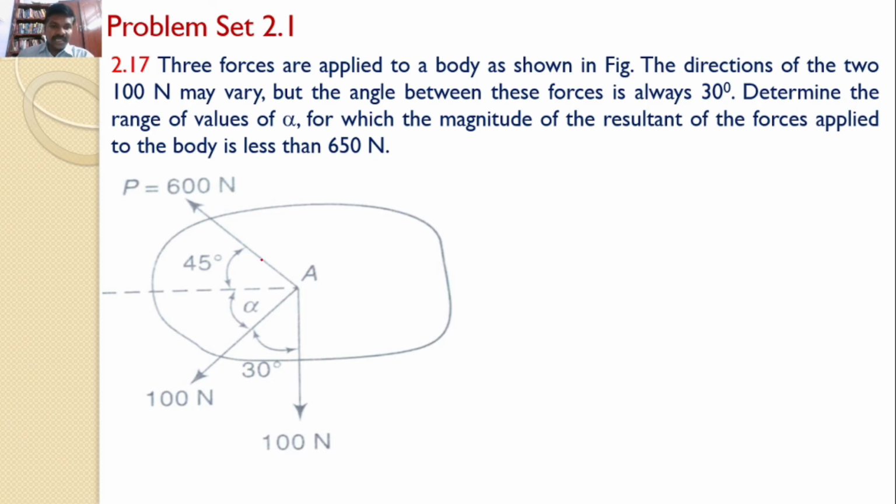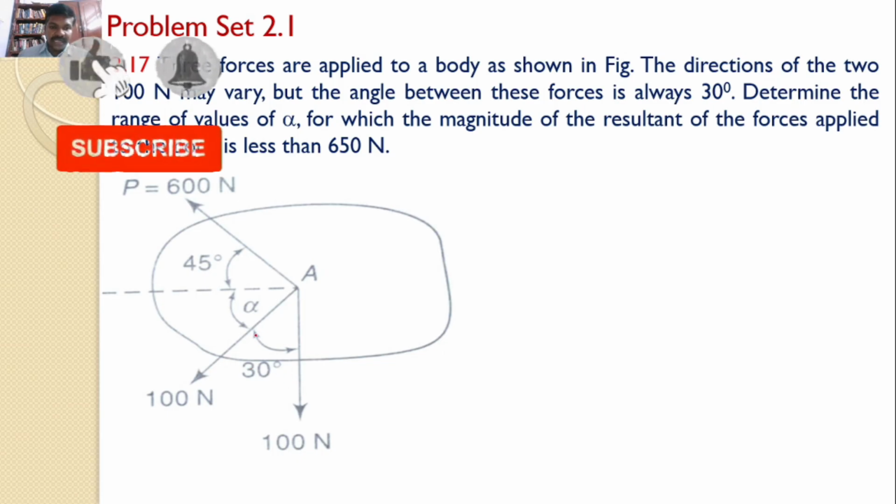There are three forces acting on the body. One force is 100 newtons here, 100 newtons here, and this is 600 newtons. This 600 newtons makes an angle of 45 degrees, which is always fixed. The angle between these two 100 newtons forces, 30 degrees, is also fixed.